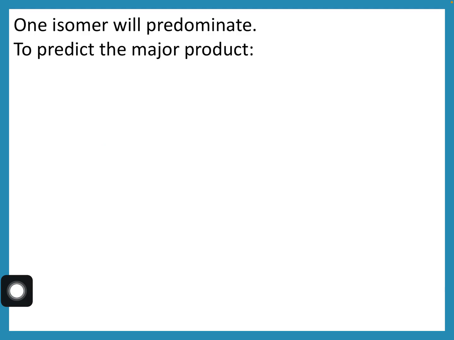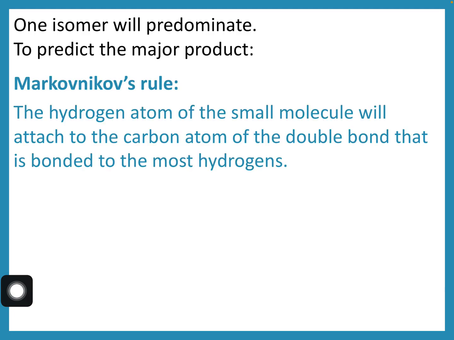But one of those is going to be what we call the major product. So we're going to have a lot more of that product created. And that is going to be based off what is called Markovnikov's rule. So the hydrogen from the small molecule. So this could be if we have an acid with a halogen, or if we have water.